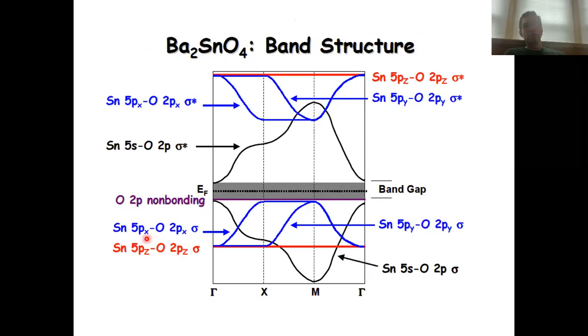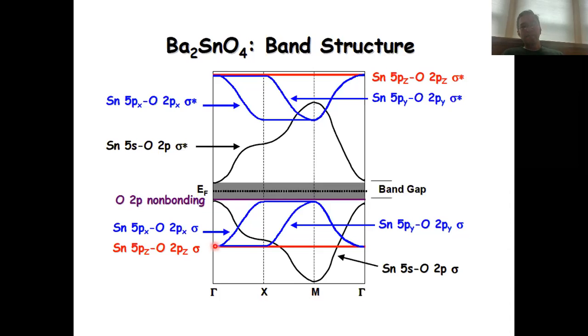So we can start again with the oxygen band. At lambda, we have a bonding crystal orbital.